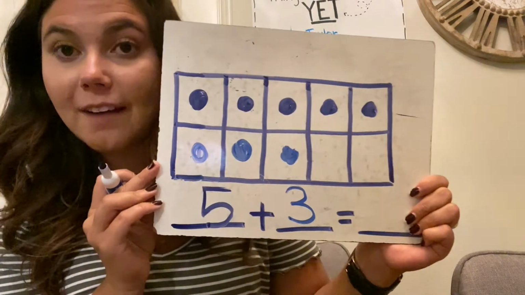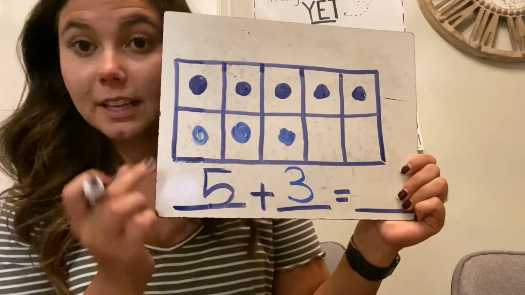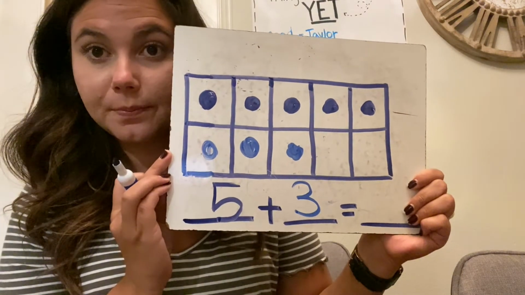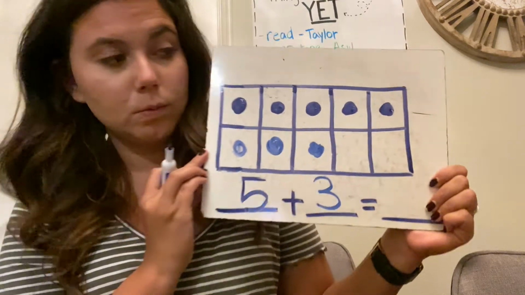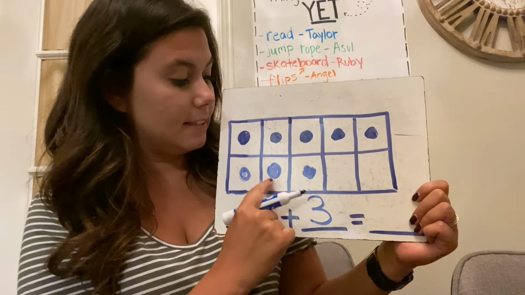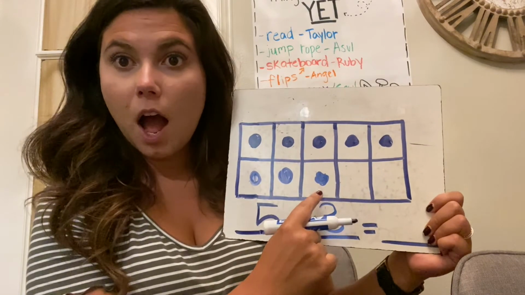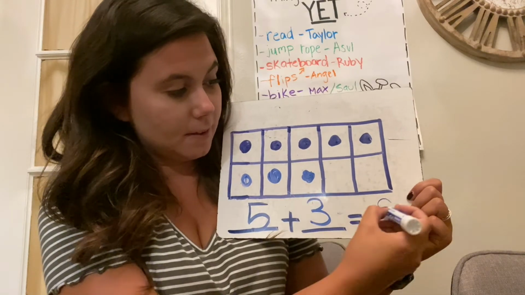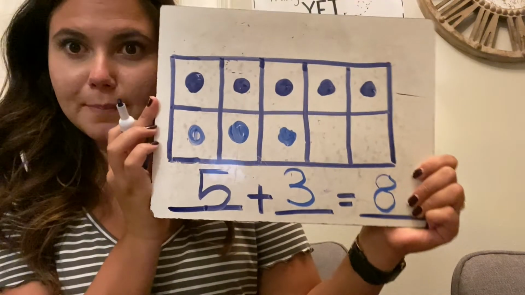How many do I have all together? 5 plus 3 equals how many all together? Do you know? Let's put 5 in our brain. 5, 6, 7, 8. 5 plus 3 equals 8. 5 plus 3 equals 8.